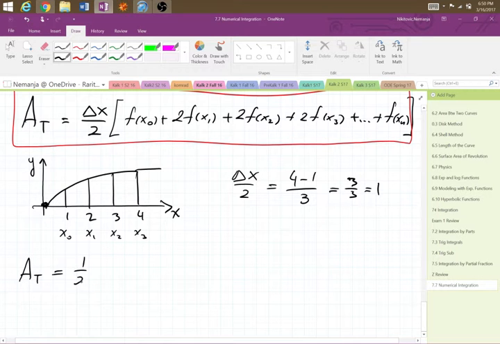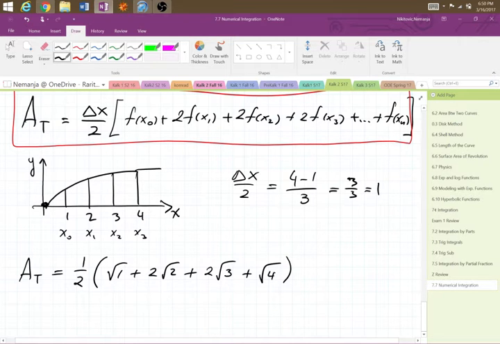So 1/2 times square root of 1 plus 2 square roots of 2 plus 2 square roots of 3 plus a single square root of 4. So the first and the last have to be single, and every single one in the middle is times 2.